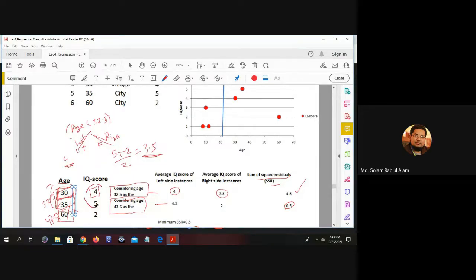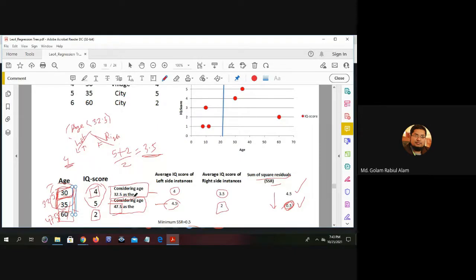Average IQ score of the left side instances will be 4 plus 5 is 9, divided by 2 is equal to 4.5. And the other side will be just 2. If we determine the sum of square residuals, we will get the minimum, 0.5, and here 4.5. 0.5 will be the minimum sum of square residuals. We get this minimum for 47.5.